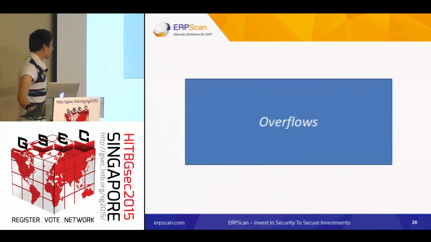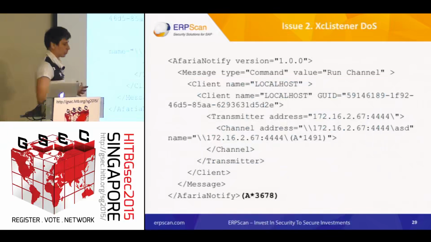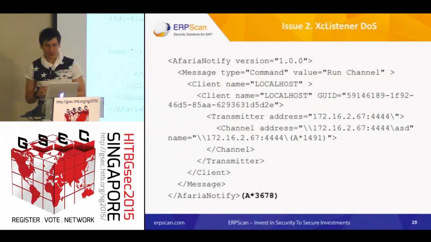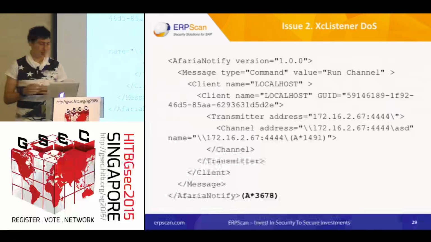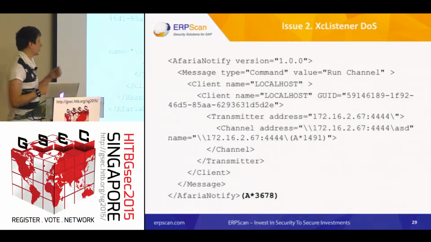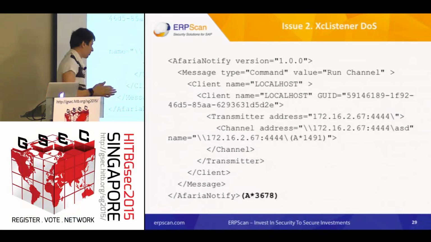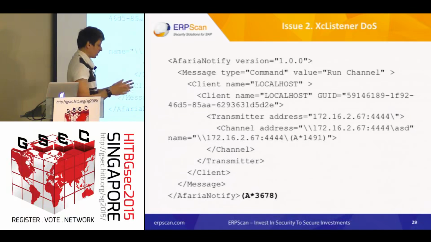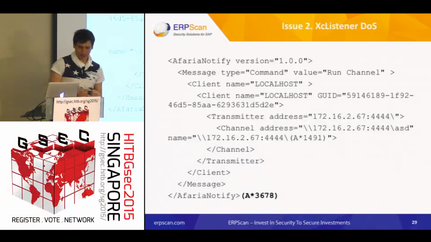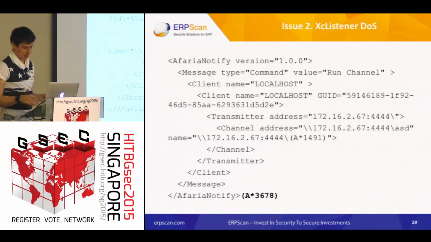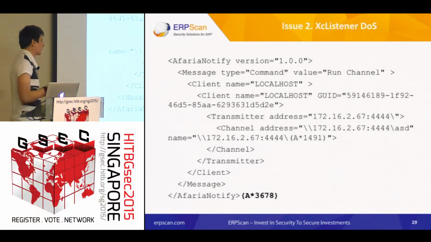On the server side, we found a lot of different overflows. In the main Afaria service, XC listener, it's a very silly vulnerability. An attacker can send just a big request, and XC listener will stop. It's very stupid, but they exist.